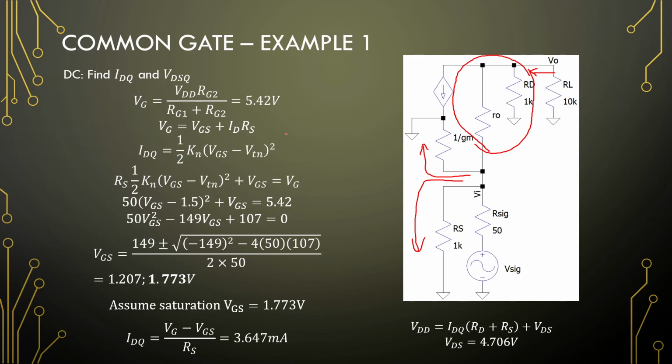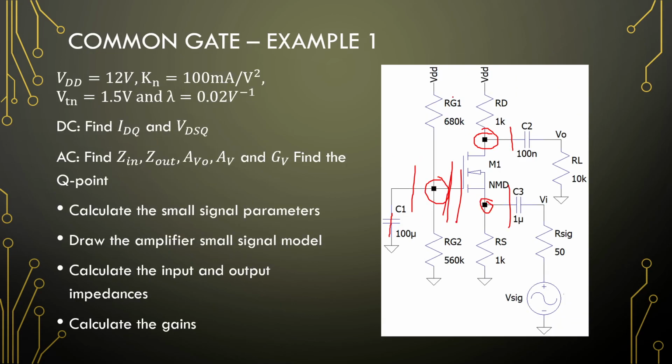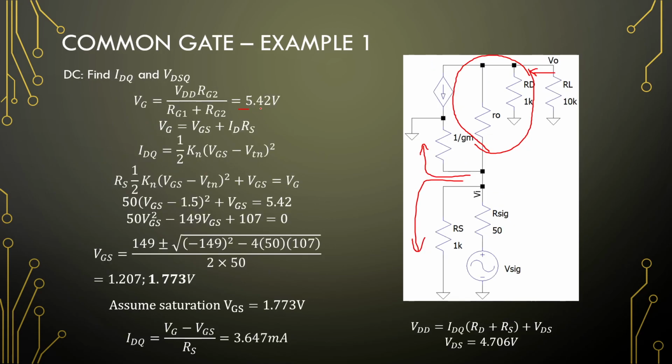Okay, so for DC analysis, we are going to go through the rigmarole again of calculating our gate source value. So first, we need to do this voltage division right here to find the gate voltage, and that is 5.42 volts. Okay, now the gate voltage is equal to our VGS plus ID·RS in this application. So plugging this equation in here will yield the monstrosity again, which is equal to our gate voltage.